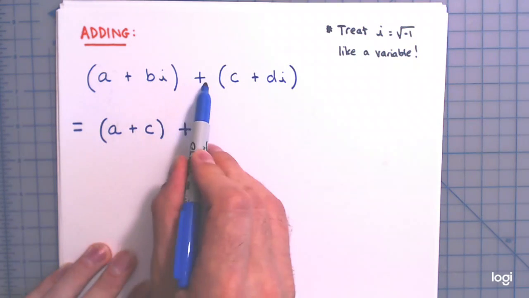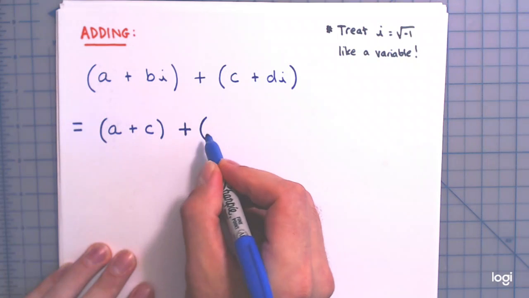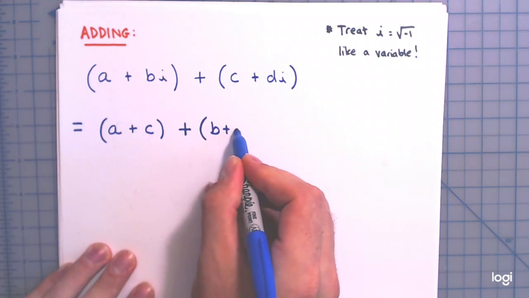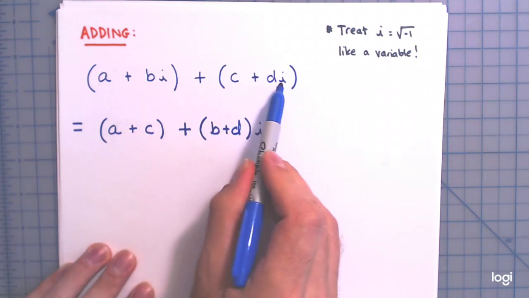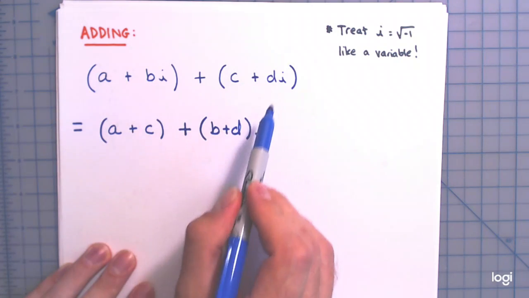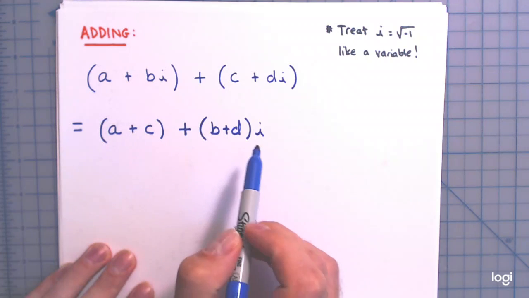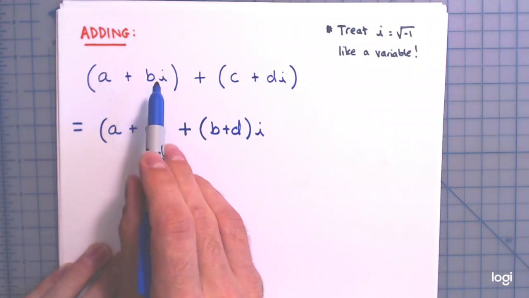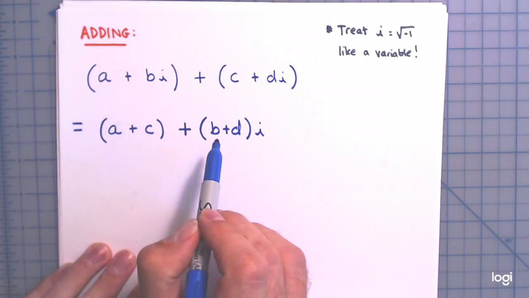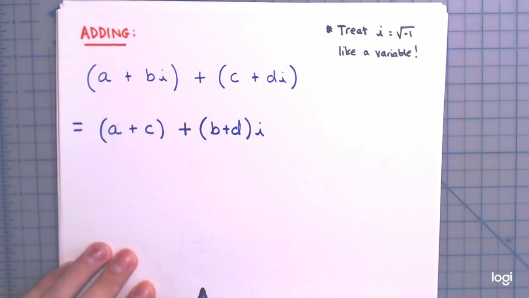So what's bi plus di? That would be the quantity b plus d times i, right? It's like factoring i out of the bi and di, leaving me with b plus d, or just combining the coefficients. It's just like taking 3x plus 4x would be 3 plus 4, or 7x.